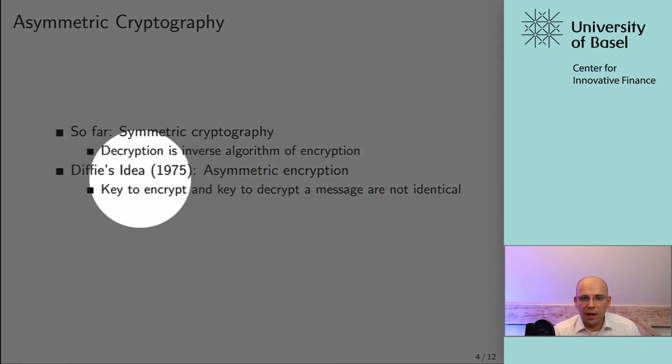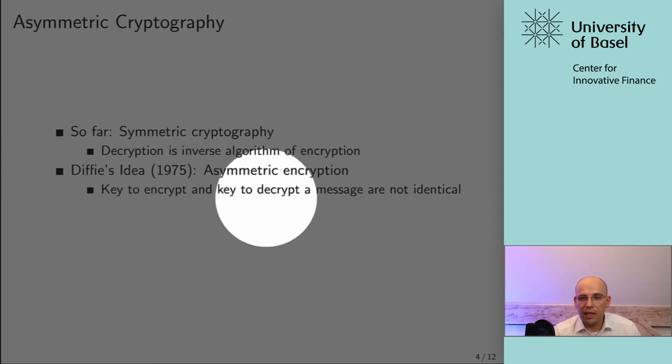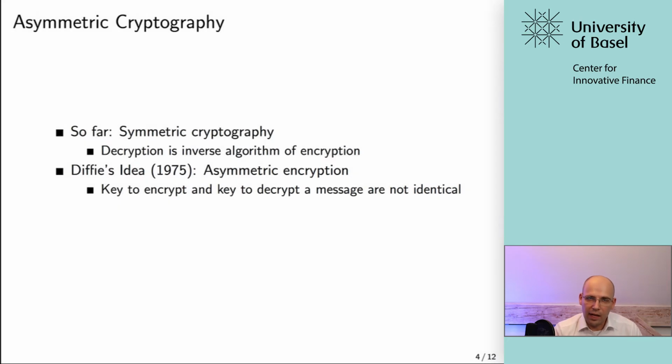Diffie had an idea in 1975 that is asymmetric encryption, where you have one key to encrypt and another key to decrypt. They are related, so it's a pair of keys, but you can only decrypt something with the key that corresponds to the encryption key, and you cannot use the same one. So there's this mathematical relation between this pair of keys, where you have a public key and a private key that can be used for decryption and encryption, and vice versa.